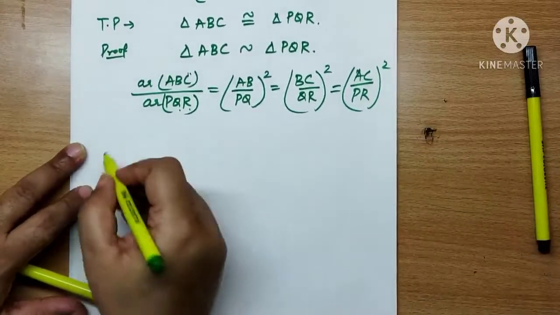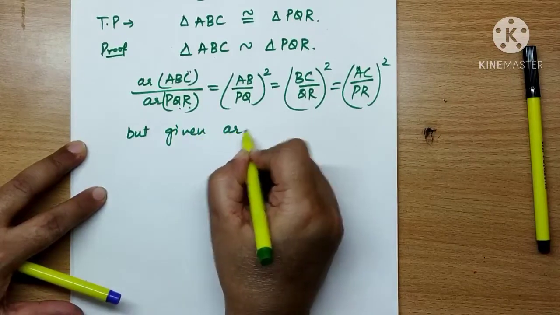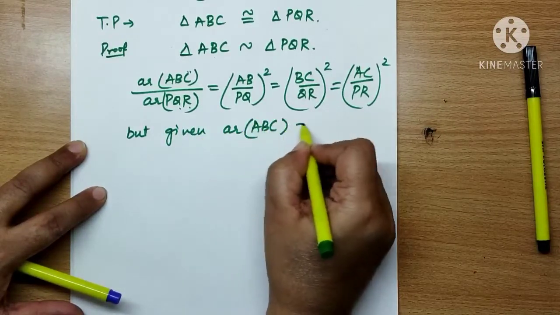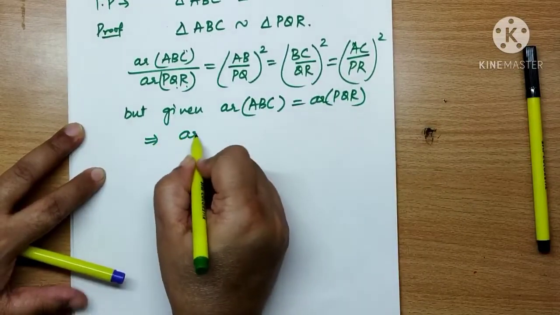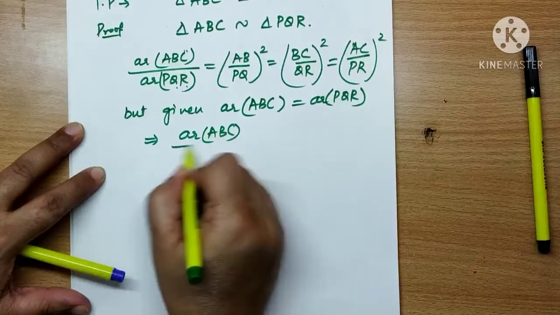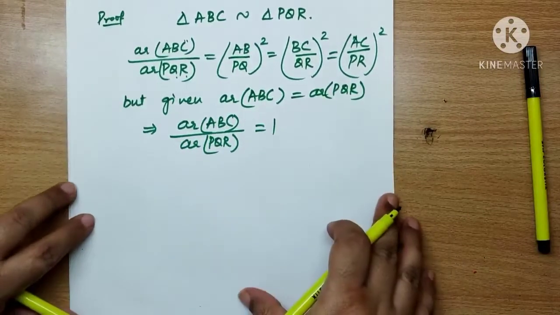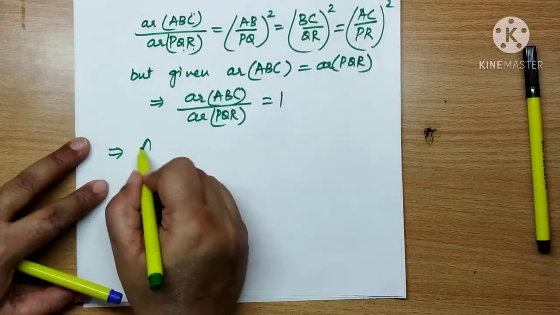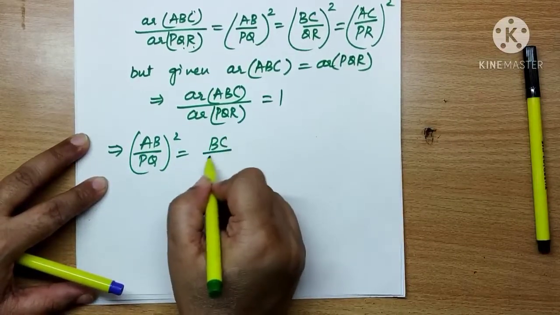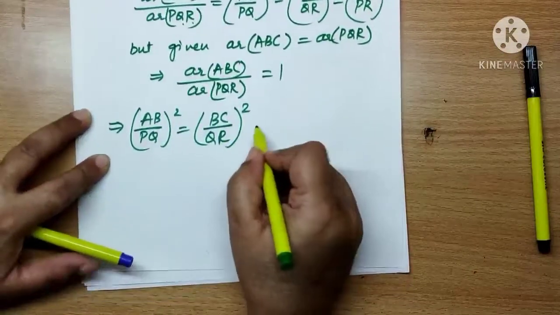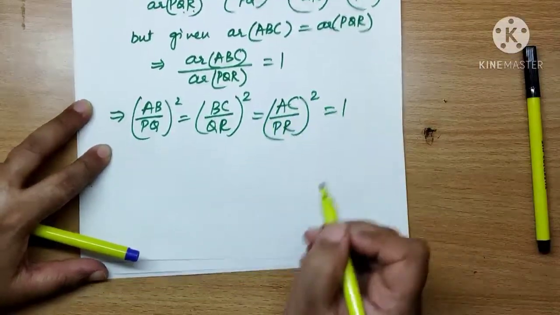Now what is given in the question? But given, area of ABC is equal to area of PQR. This implies that if the areas are equal, their ratio will be 1. So I get AB by PQ square equal to BC by QR square equal to AC by PR square equal to 1.